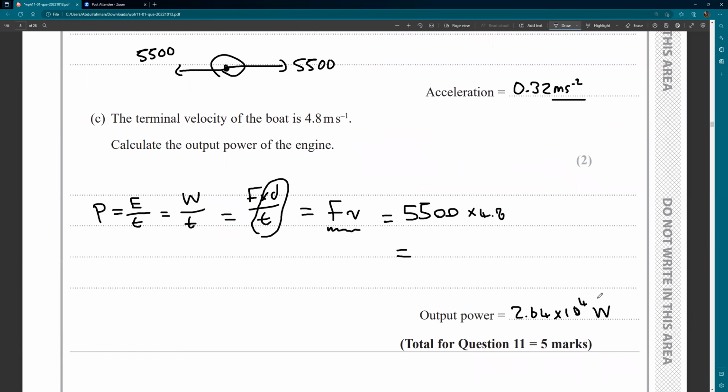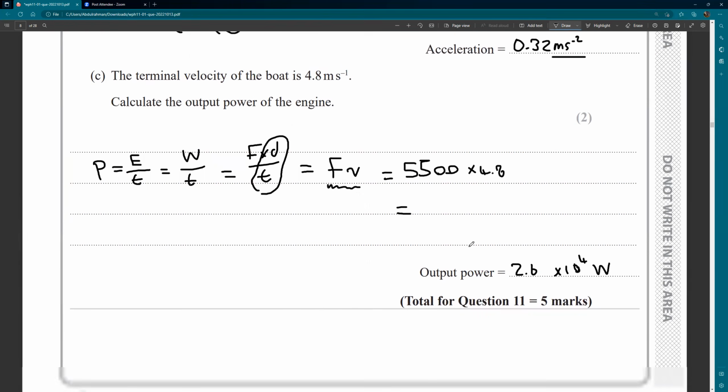I agree, you probably should have, but I know I won't drop a mark for 3 significant figures. And the answer was 26400. It was too good to be true to just say 2.6. So yeah, I technically broke the physics rule. You know what? Let me not break it and just write 2.6 times 10 to the 4 watts.